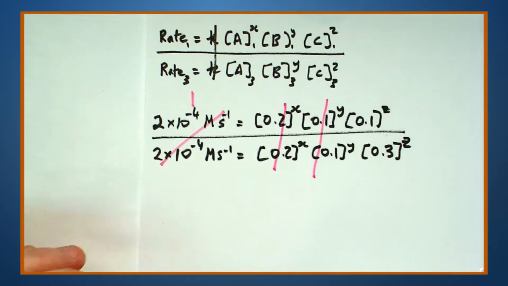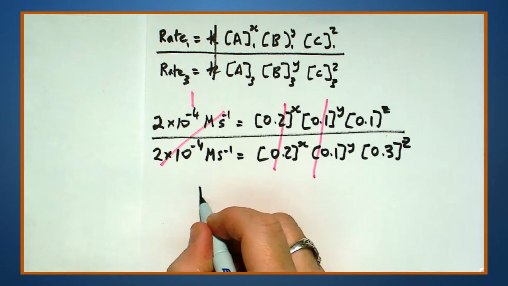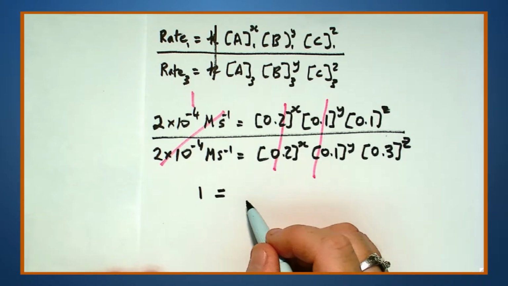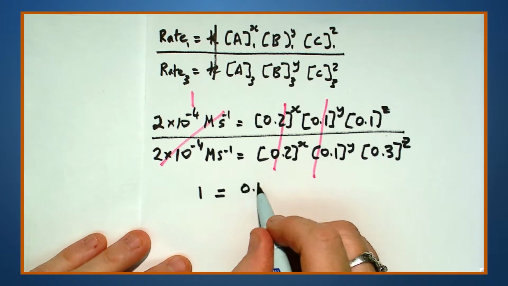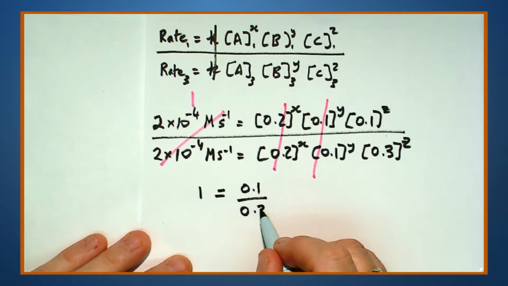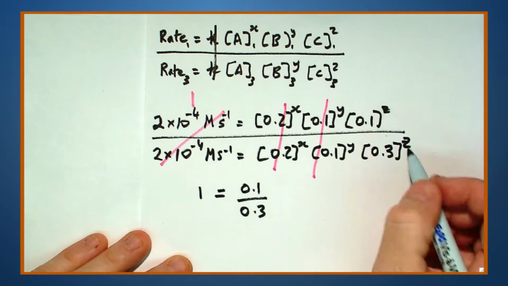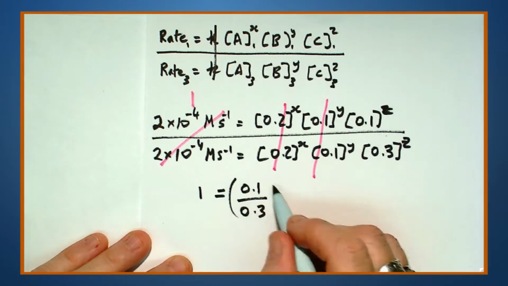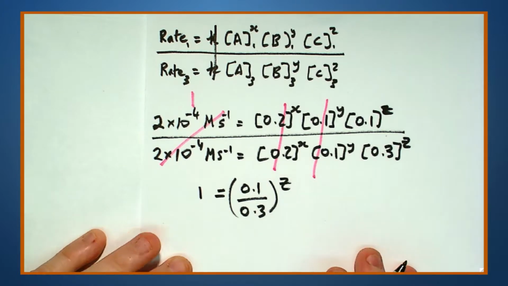So if we look at what we've got now, it's really simplified down. What we have is 1, which would have been just a number if not simplified, equal to 0.1 over 0.3, and again, it's to the same power, that's a z, to the power of z.